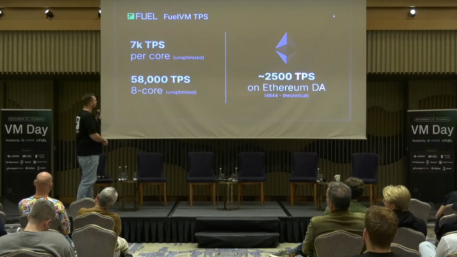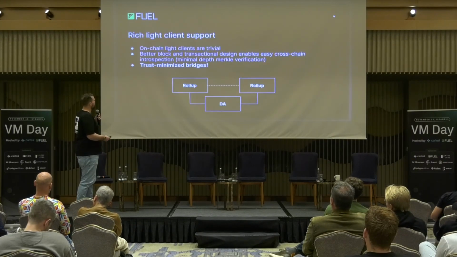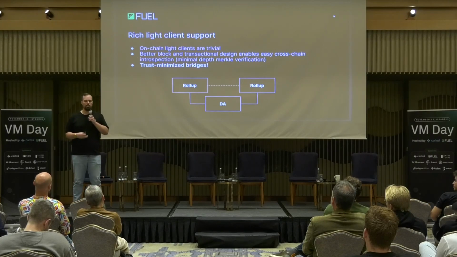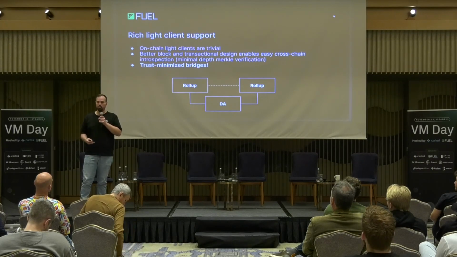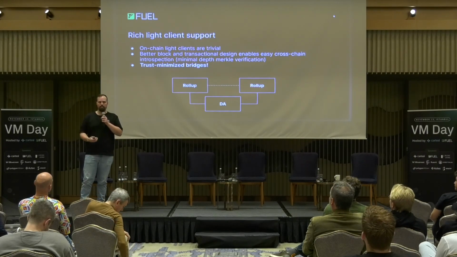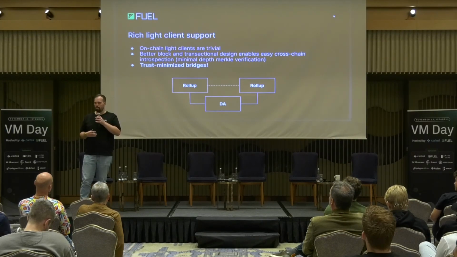Another thing that's very, very important: the Fuel VM also brings something that I think is incredibly important to the design of blockchains in general, which is very rich light clients. Light client support allows regular people to validate and introspect different pieces of the chain.